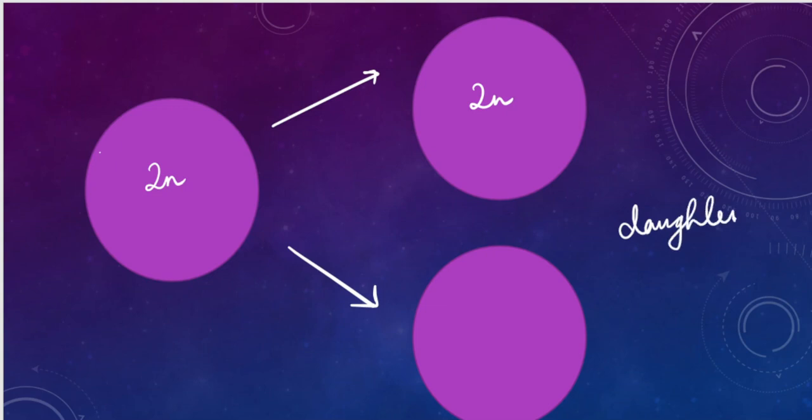Now I will explain what this is. This is the first circle. It has 2n, the diploid number of chromosomes, and it is dividing into two daughter cells. Two daughter cells are formed, and the daughter cells have the same number of chromosomes as the parent cell.